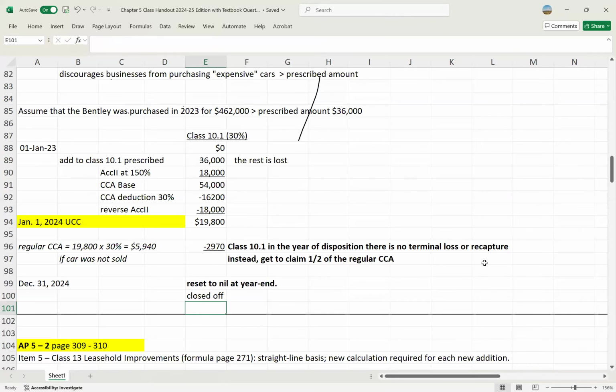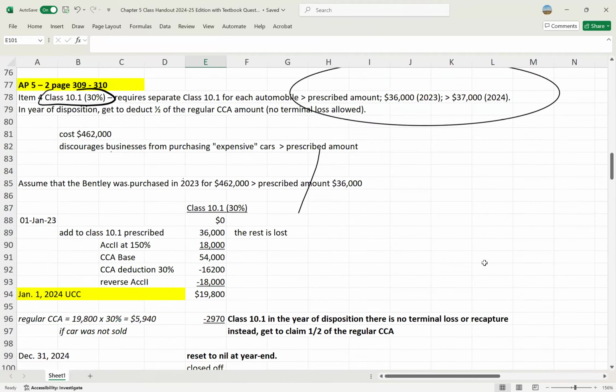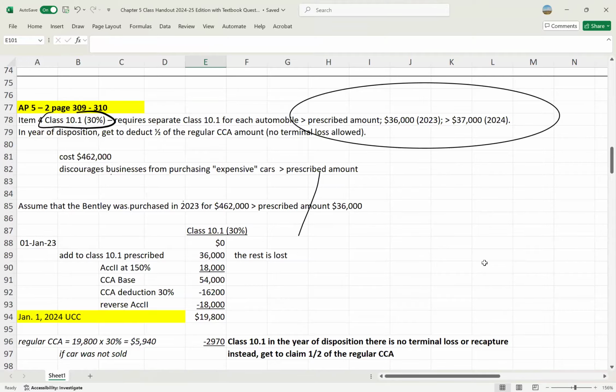So that's class 10.1. The government tries to discourage companies, businesses from buying cars that are more than the prescribed amount. If you do buy a car more than the prescribed amount, you only get to add whatever that prescribed amount is into class 10.1. That amount over that will be lost.